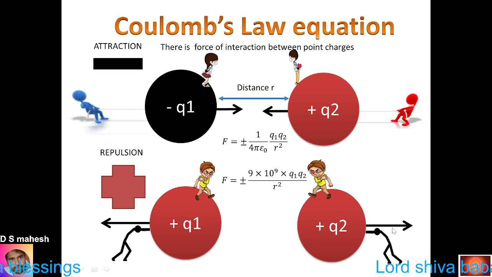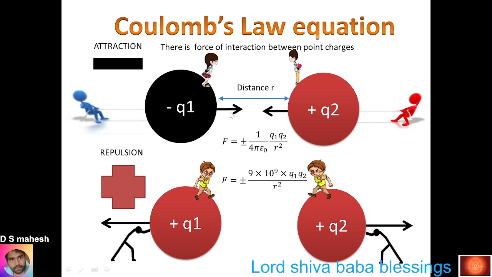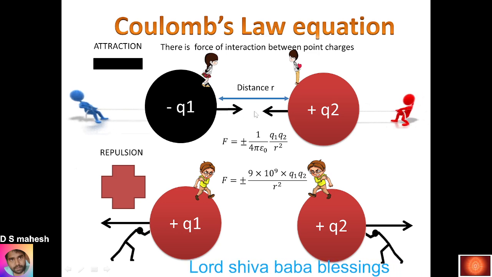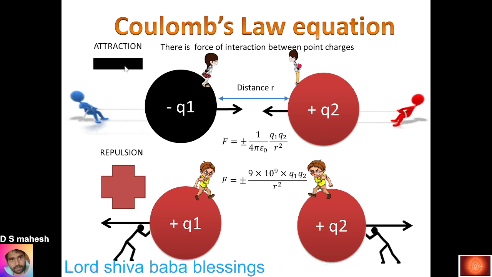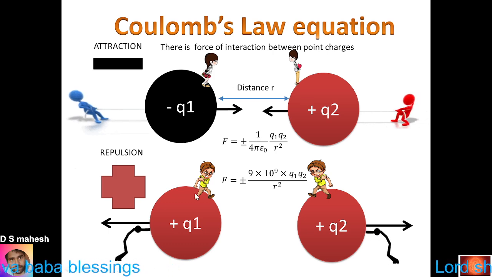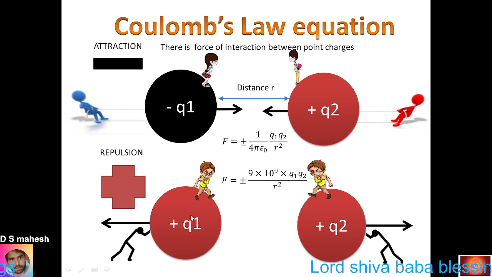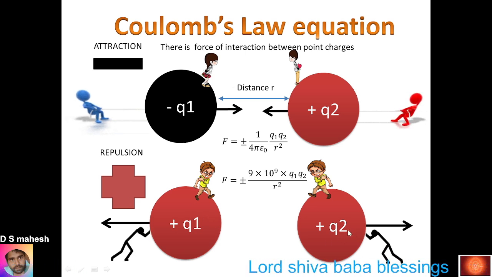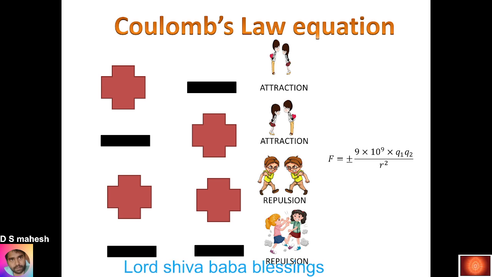You can look over here, the force is acting outwards, it indicates repulsion, and here the force is acting inwards, it indicates attraction. So whenever you get an answer of negative, you just need to know that the two charges are unlike charges. If you get the force as positive, then you can say that the two charges are like charges. Let us see it with the help of an example.